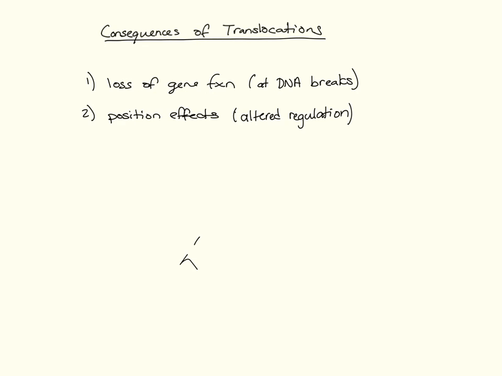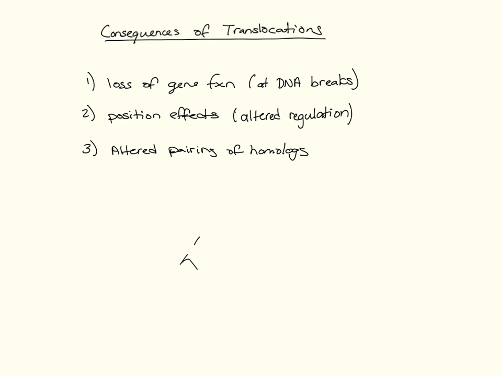And then the third consequence we talked about is altered pairing of homologs during meiosis. So remember we talked about that with inversions, and you get those inversion loops which cause the gametes to have abnormal chromosomes.